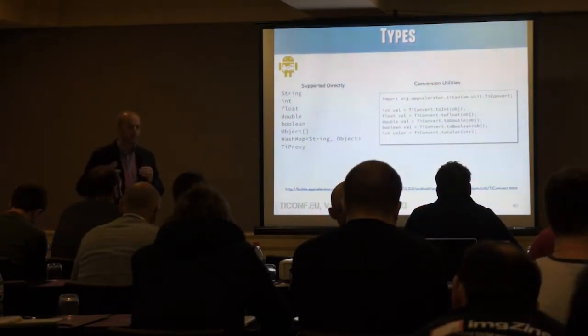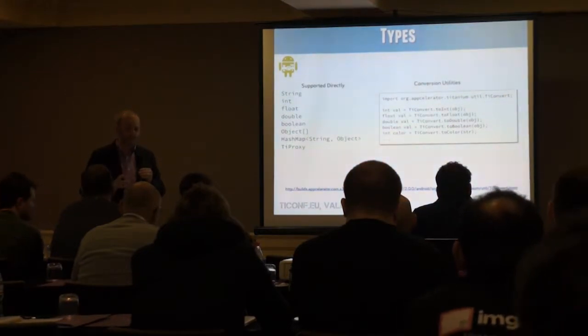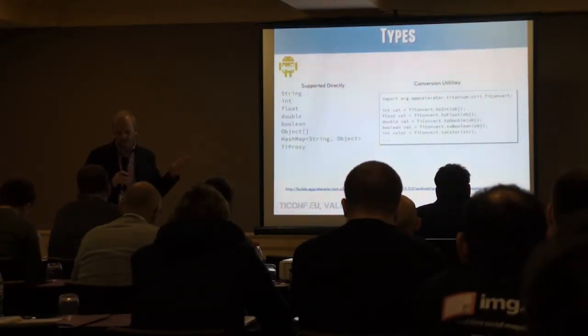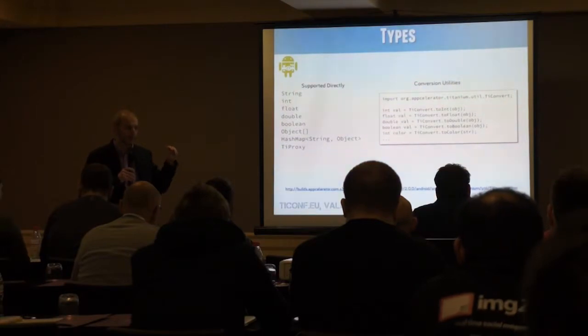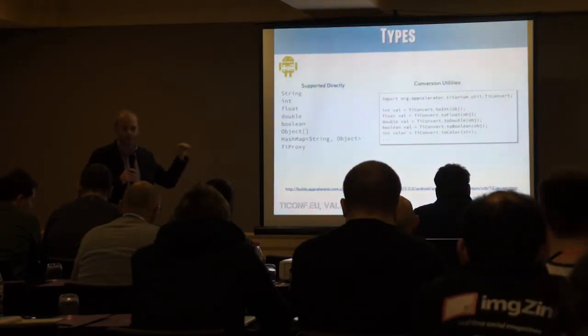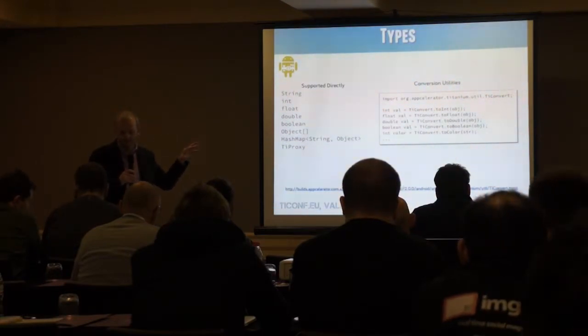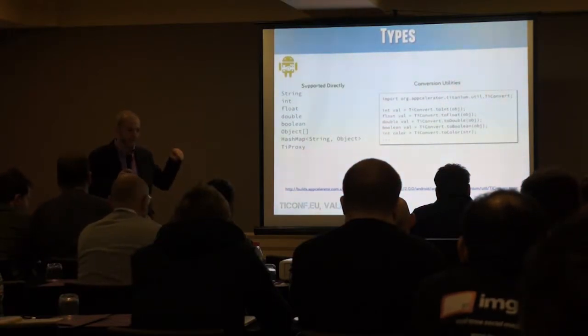For the types, mappings are more or less the same. So we have numbers mapped on the native integer or double or float values.